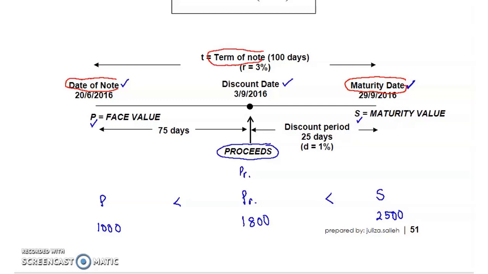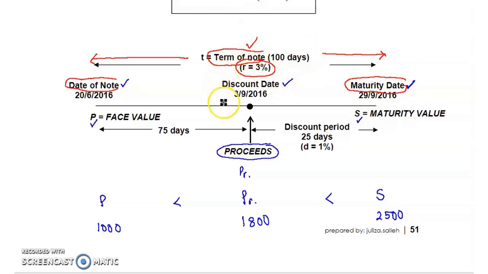And for a promissory note, remember we use simple interest rate. So any calculation involved from date of note until maturity date, you must use simple interest.